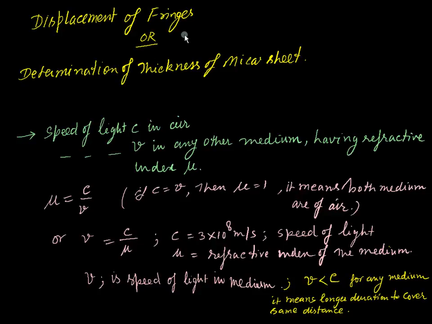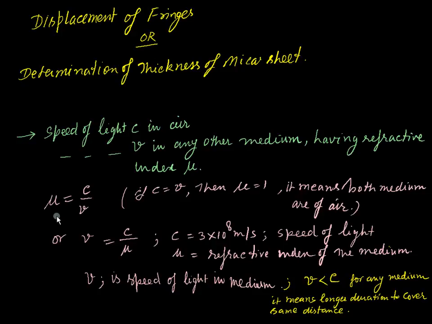The first concept, you know, is the speed of light in air. We represent it with the symbol c, and the speed of light in any medium that has refractive index mu, we denote by v. This ratio of the speed of light in vacuum or in air to that in the medium, c upon v, is equal to mu.